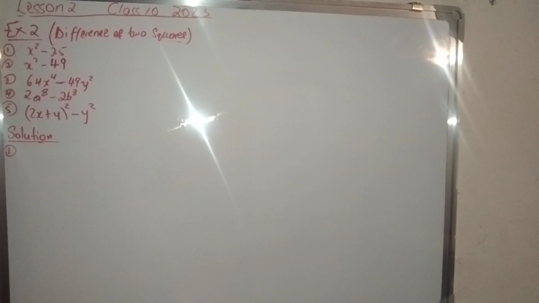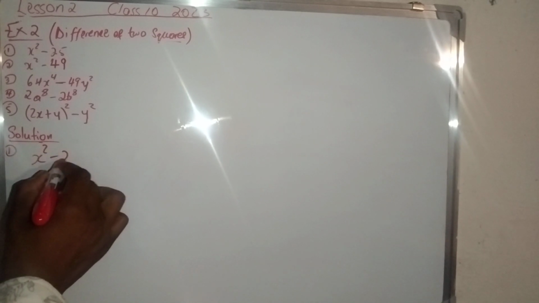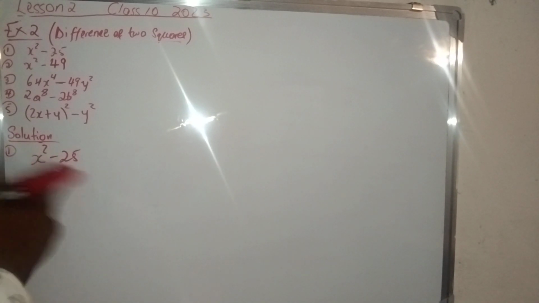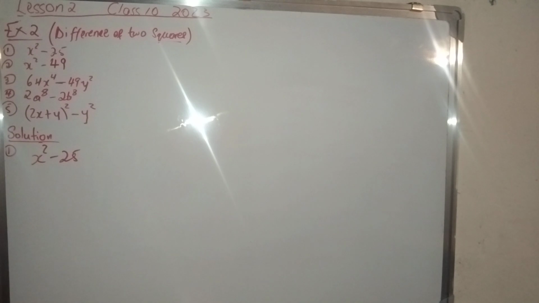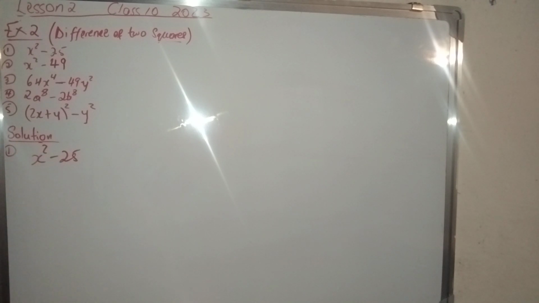Okay, so now let's look at the first one, which is x squared minus 25. We want to factorize this part, right? Whenever we talk about the difference of two squares, we're going to look out for the factors of 25, and those two numbers must be the same, so that when you subtract those two numbers, they must give you 0.